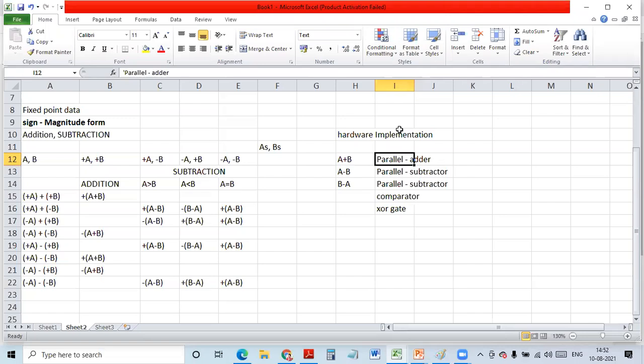And which complementer? If I'm using the 2's complement method of subtraction, while performing subtraction of two numbers, A minus B, I want to implement it by using the same parallel adder, but by taking the second element in its 2's complement form.